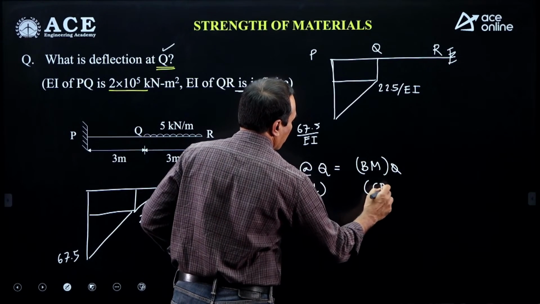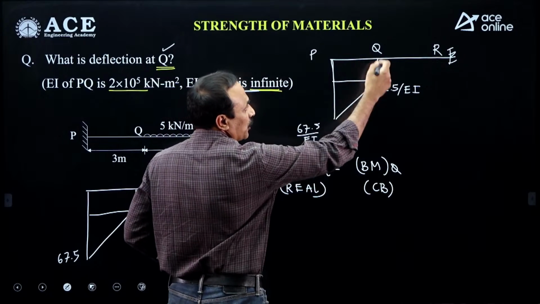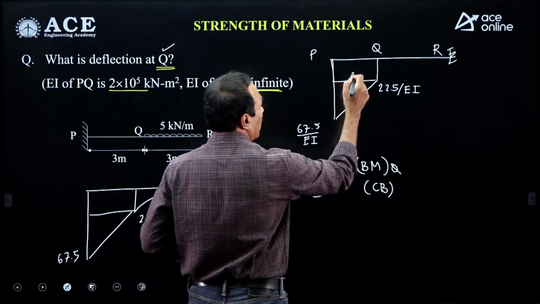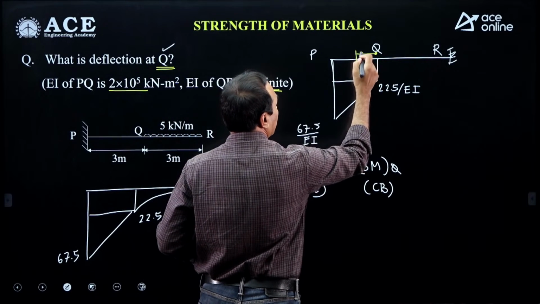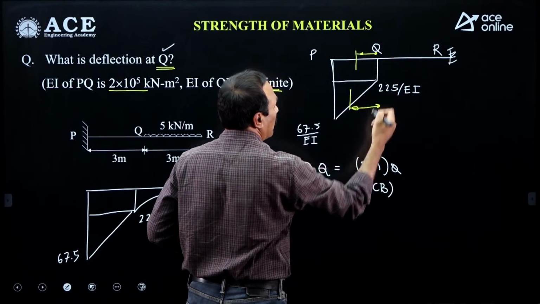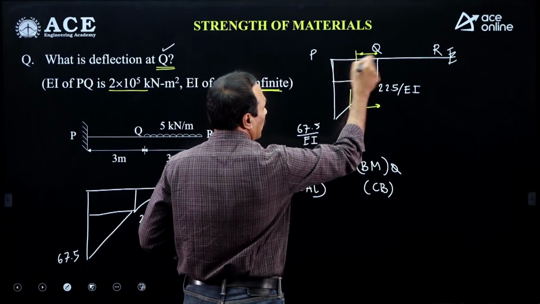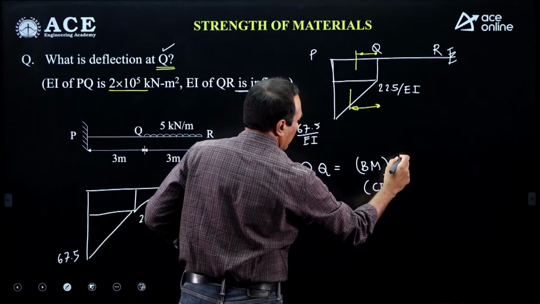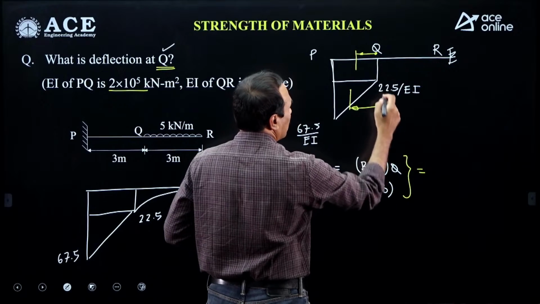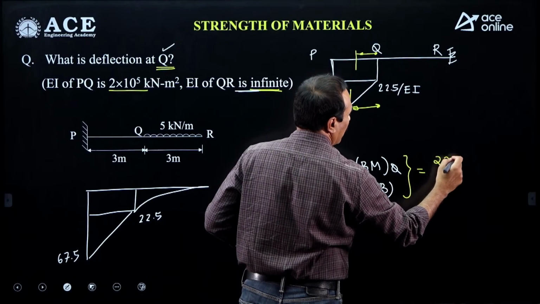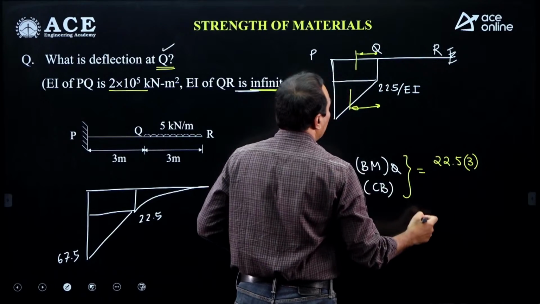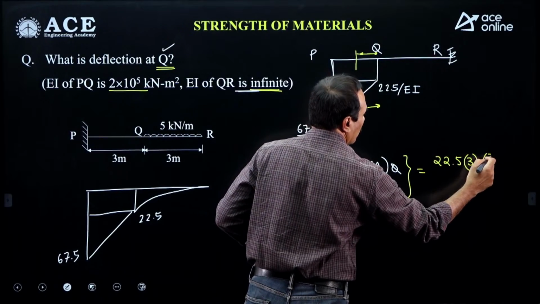of the conjugate beam. So, bending moment at Q is nothing but area of the rectangle into corresponding centroidal distance, plus area of triangle into centroidal distance up to the point Q. So, this total width is 3 meter. So, the bending moment is equal to, for the rectangle, this is 22.5, I divide with EI at the end, into 3 meter into 3 by 2.